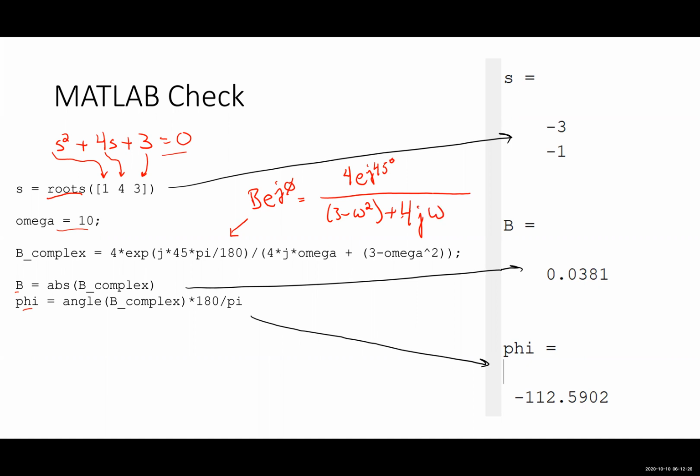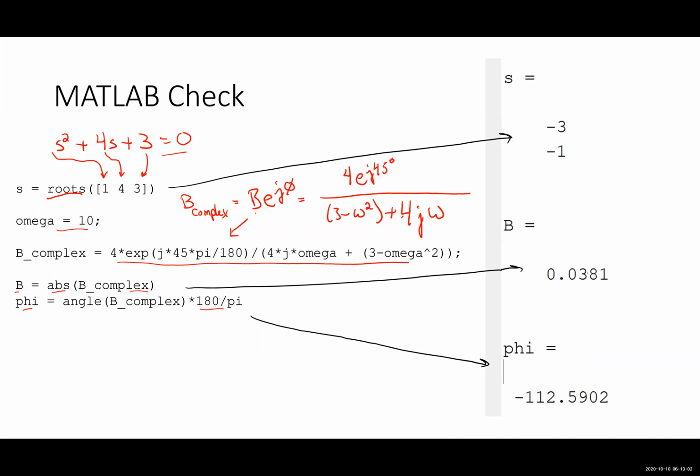All right, and you see what I've done here is I've just said, instead of b e to the j phi like that, I've defined this as some variable b complex, which has a magnitude of b and an angle of phi. So I basically wrote this expression in for b complex, and then I took its magnitude using the abs command, and then I took its angle using the angle command, which is going to give me something in radians. I don't like radians, so I multiply by 180 over pi.